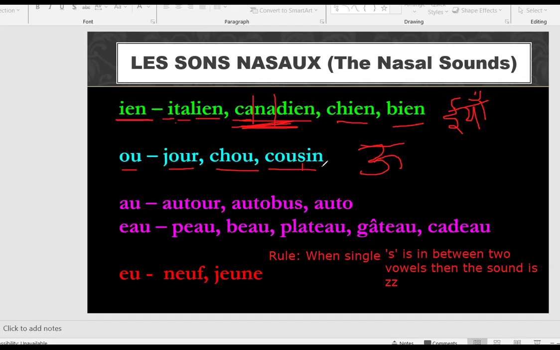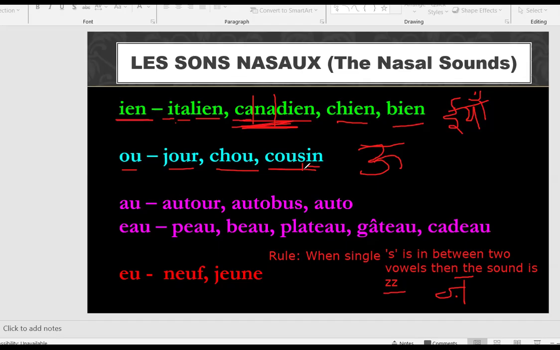U and I. So the sound is like Z. ठीक है, हिंदी में हो गया Z, ज के नीचे बिंदु, है ना, Z. So it will be pronounced as cousin. IN is an, OU is U. So it is cousin.